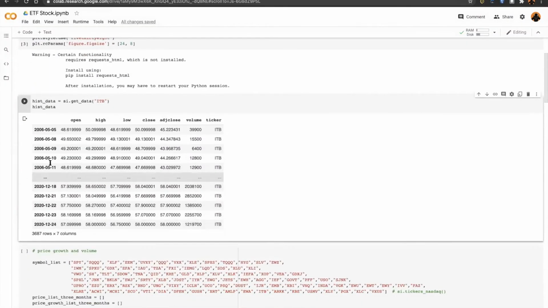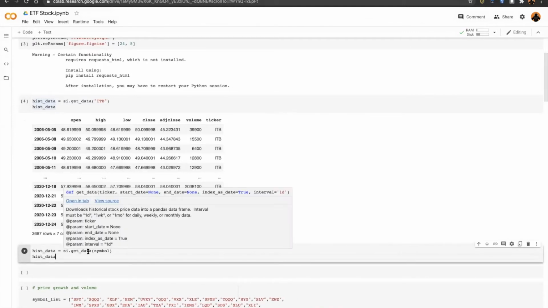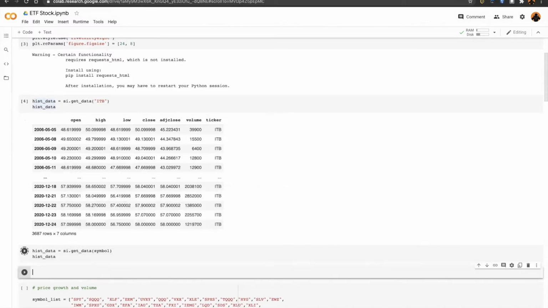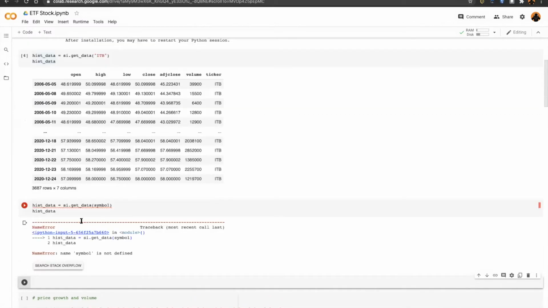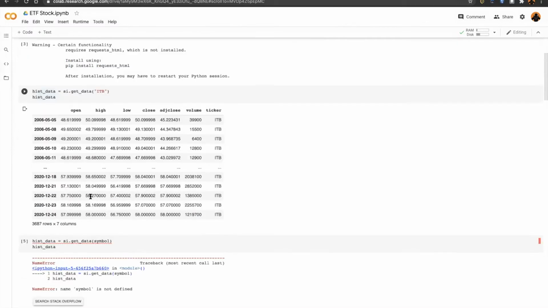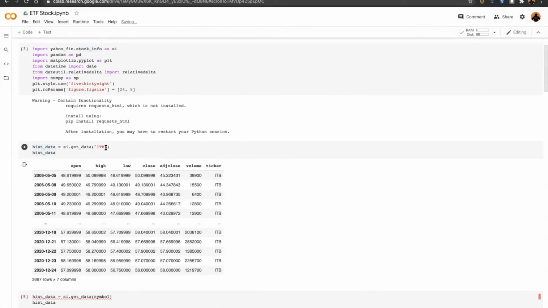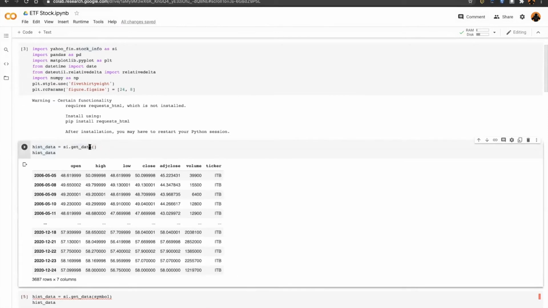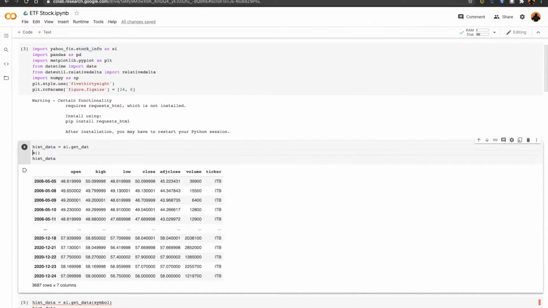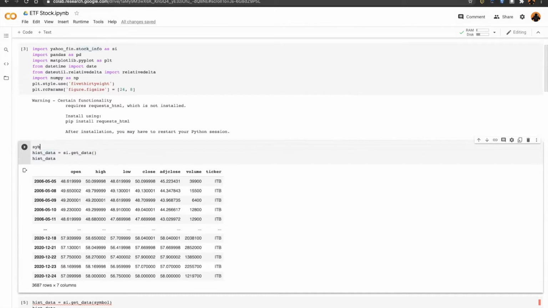So I will add more code. Firstly, I will put this history data, right? Symbol is not there. ITB. Okay, so I think I'm going to write a symbol.